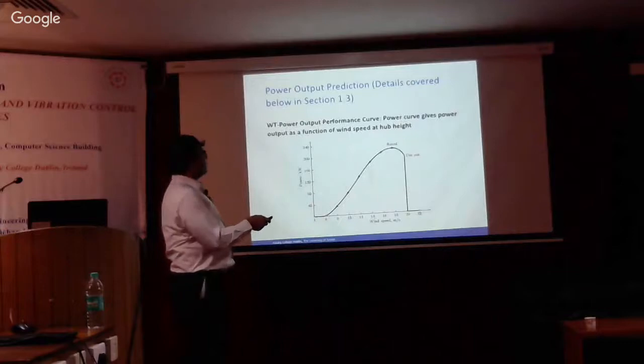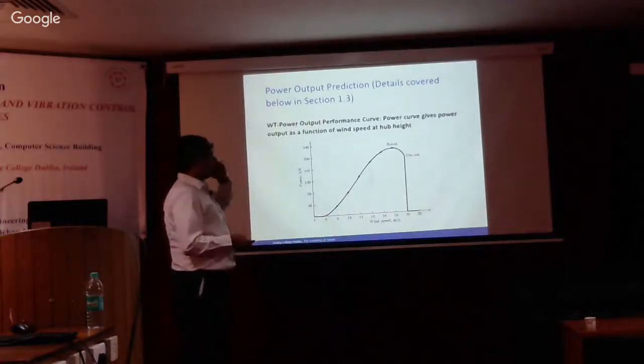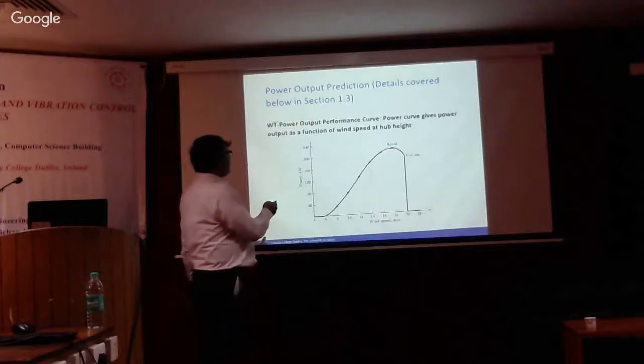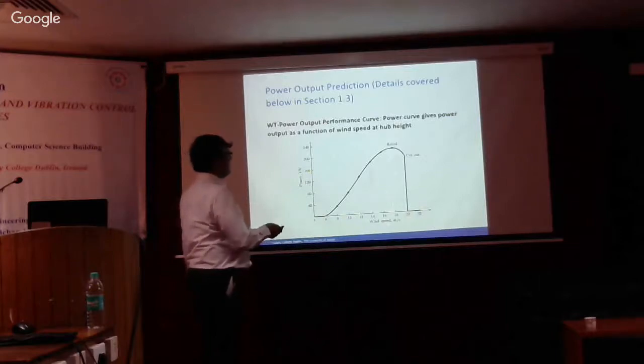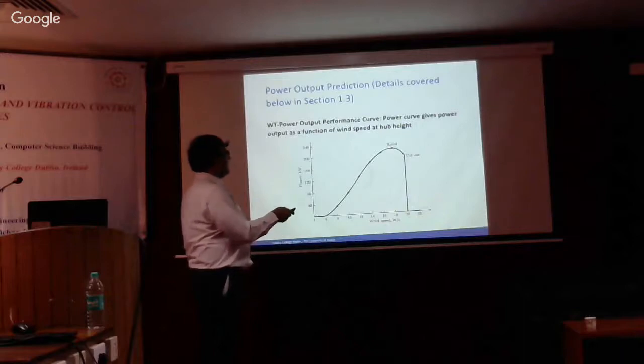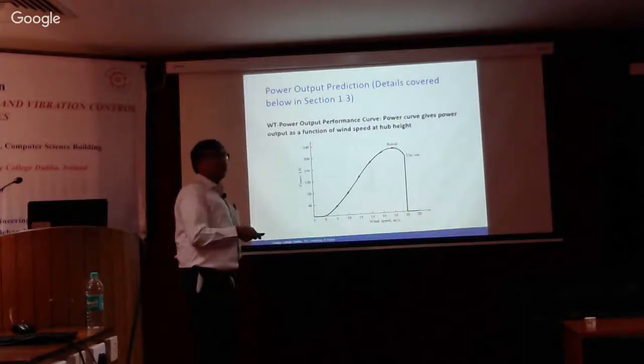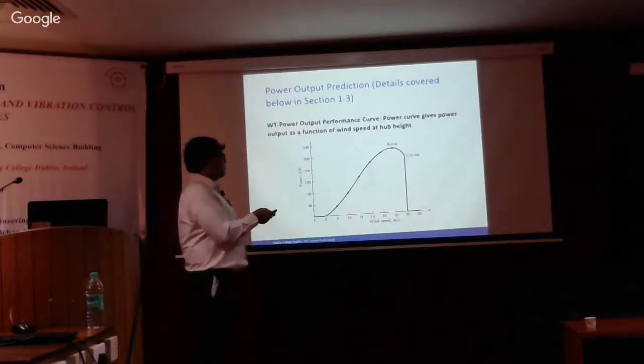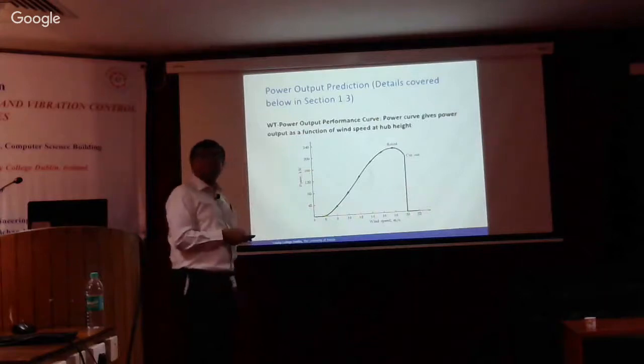And then you look at the curve, it's approximately a cubic curve. See again, do the derivation. With a peak somewhere here. And that's actually called the rated power. And that's somewhere 15, 16, 17 meters per second. And then beyond 20 meters per second, there's no power generated, and you have to stop the power generation. This point is called the cutout point.